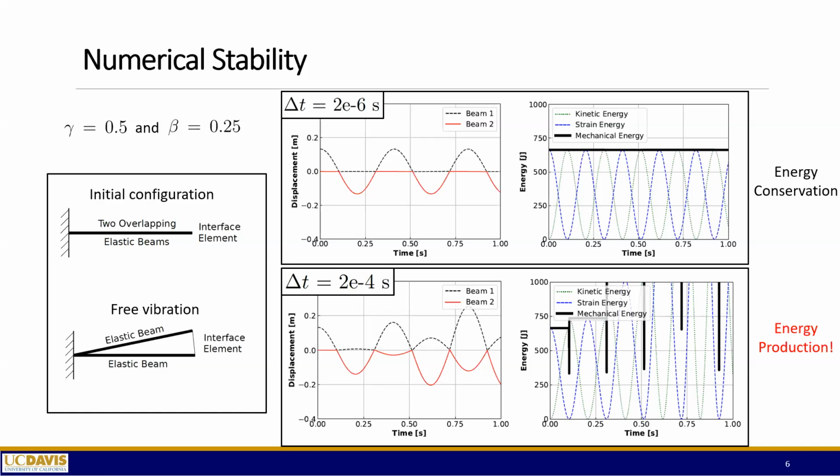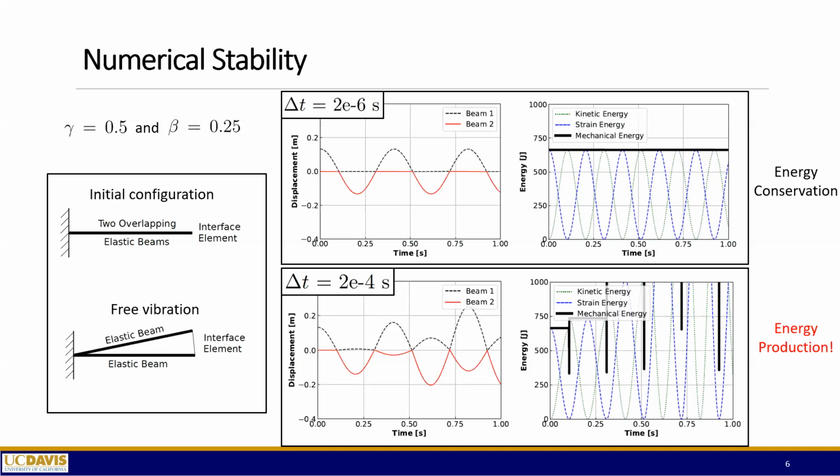When you lift one of the beams up and release it, the beam is going to try to go back to its original location and start a free vibration. But because of the interface element, it's going to hit the other beam when it goes back to the original location, and then the other one is going to start to move.